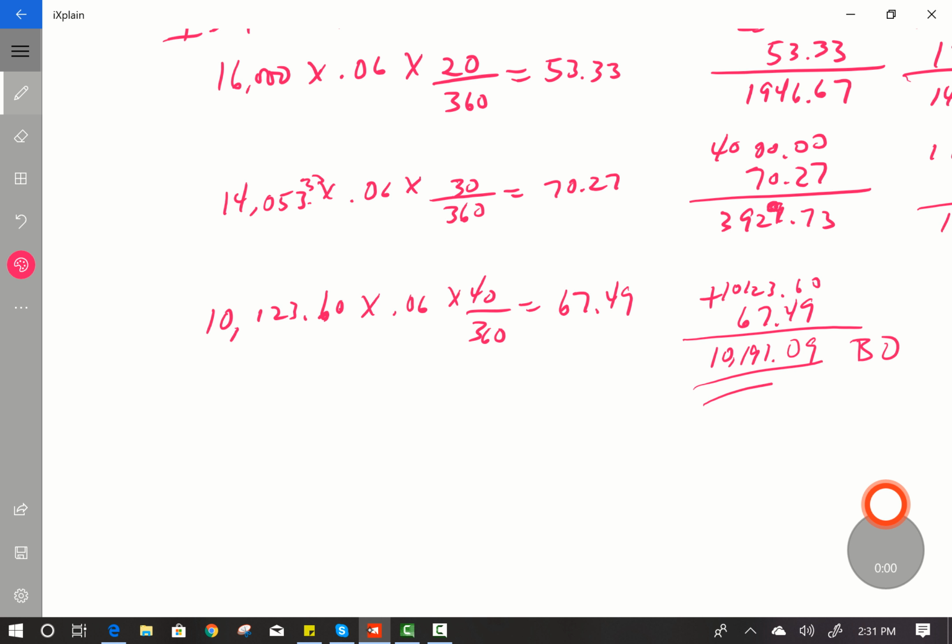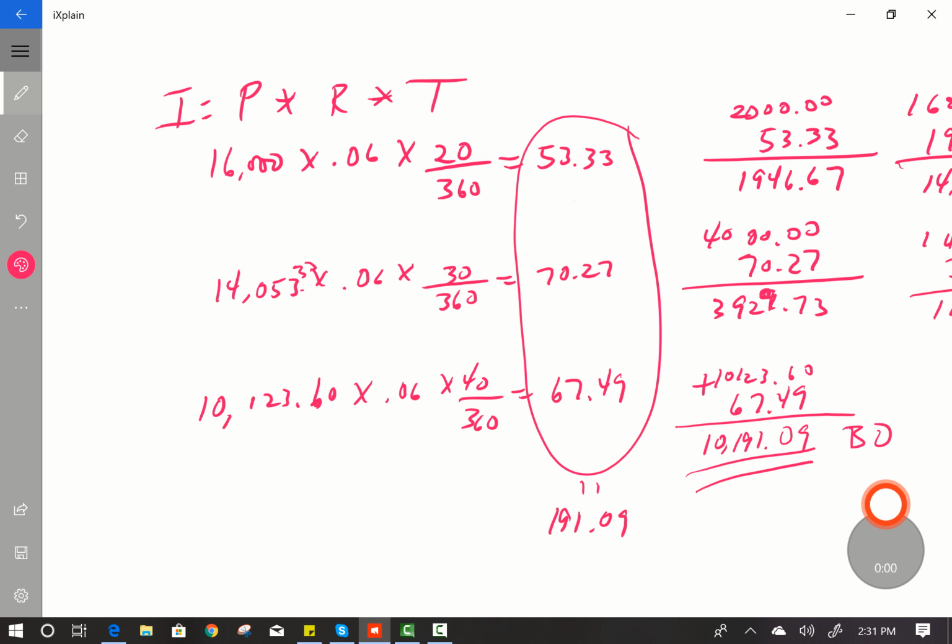That's the balance that's due. So basically, here's the amount of interest that was applied. If you add that up, that will give you a total of $191.09.